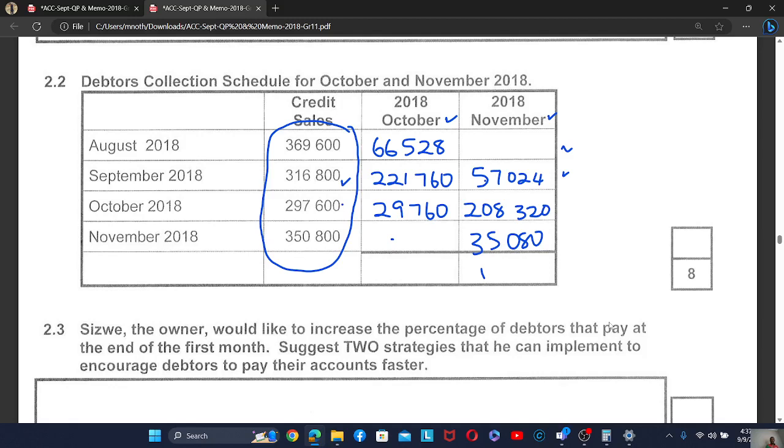For October, it's 318,048. For November, it's 300,424.